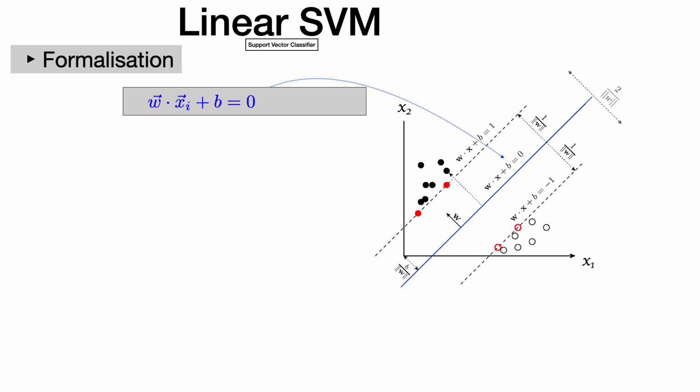Let me put it formally first and remind you, we actually want to do two things. We want to maximize the margin around a hyperplane where there are no observations on it. This one equals 0, this blue line. But also this hyperplane needs to classify data points correctly.